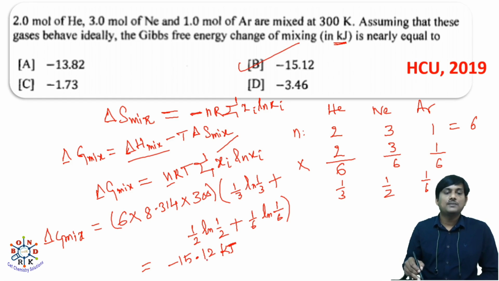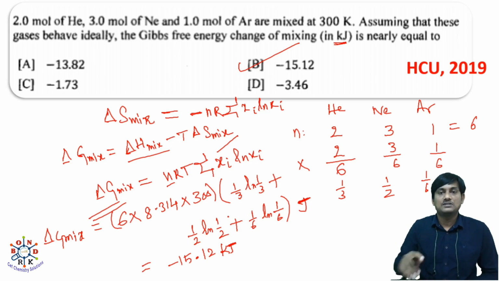Actually you will get the value in joules, so you have to convert joules into kilojoules by dividing by 1000 after completion of this calculation. What is the answer? Minus 15.12. You just have to use a scientific calculator for this calculation.